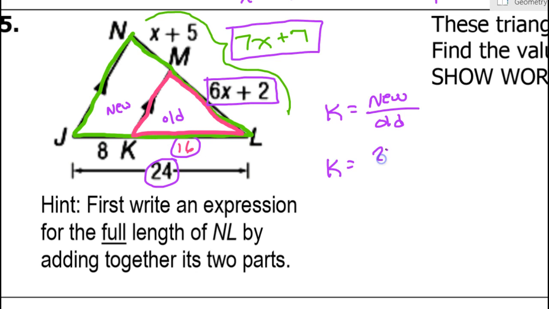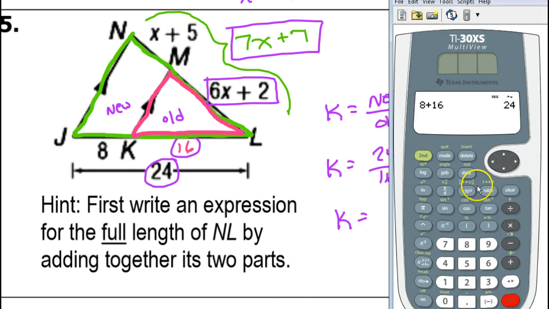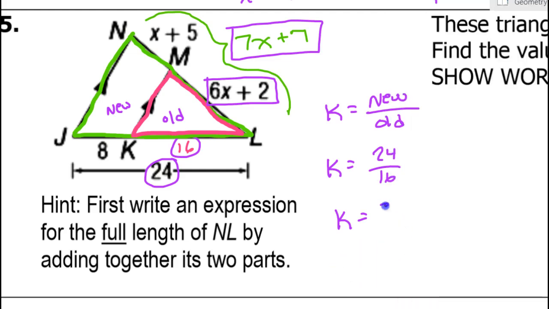That'll be 24 over 16. That's my scale factor. Let's reduce that down. Both of these are divisible by 8, so this is going to be 3 over 2. Let's see what happens, 24 over 16. Oh, look at that, 3 over 2. So that's my scale factor.